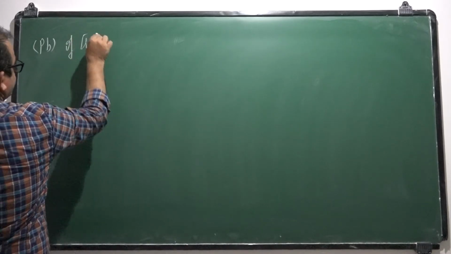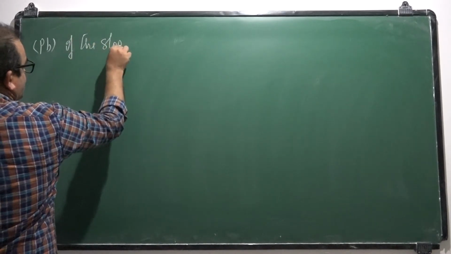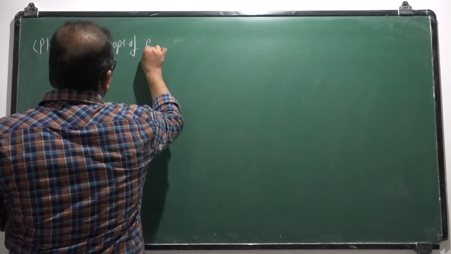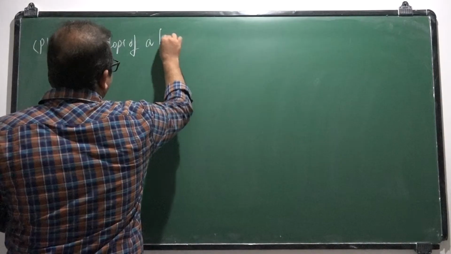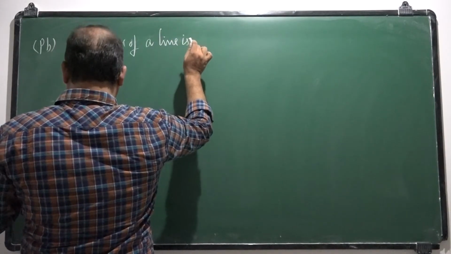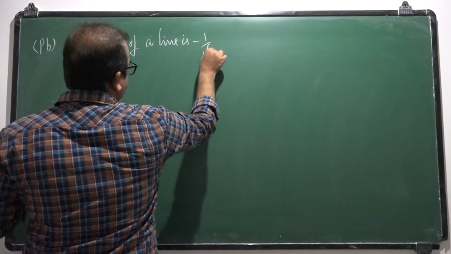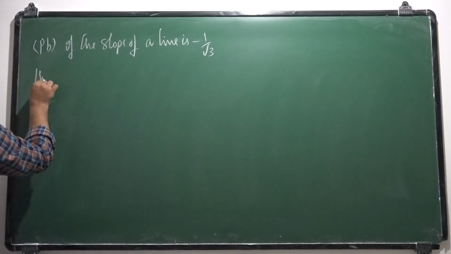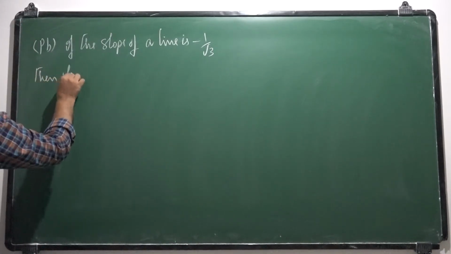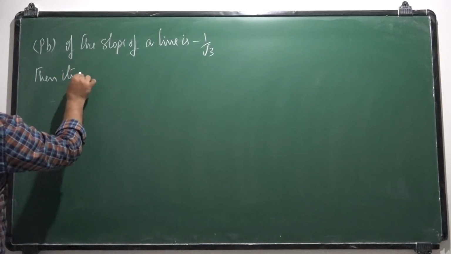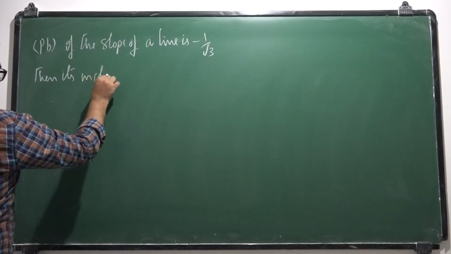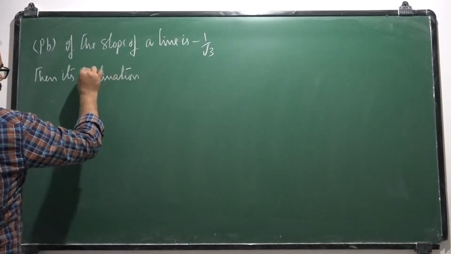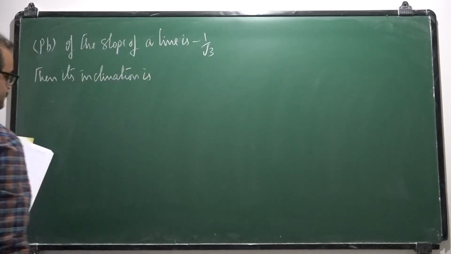If the slope of a line is minus 1 by root 3, then its inclination is what?